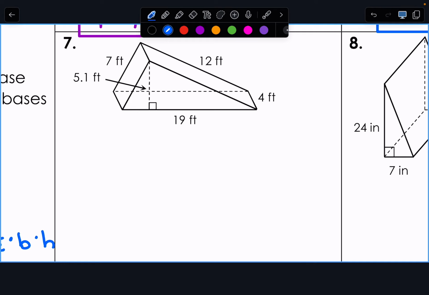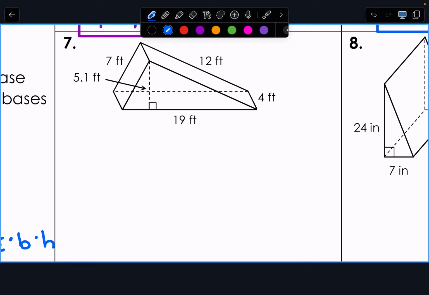So if we look at this 5.1, here's the box right here. The box is touching 5.1, and which other side? Yeah, so you need 19 right there. No, because it's the whole side. So you took, and then that times what's the height of your prism?